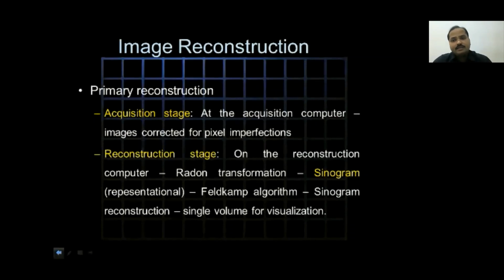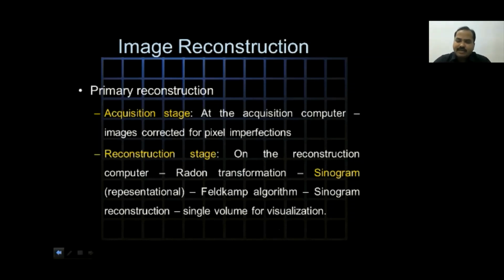It is in another computer, where the data will be transferred via a LAN cable. This workstation, or the reconstruction computer, which is present adjacent to the acquisition computer in CBCT machines, will take the corrected images, and these images will undergo radon transformation to make a sinogram, which will be a representational image first of all.